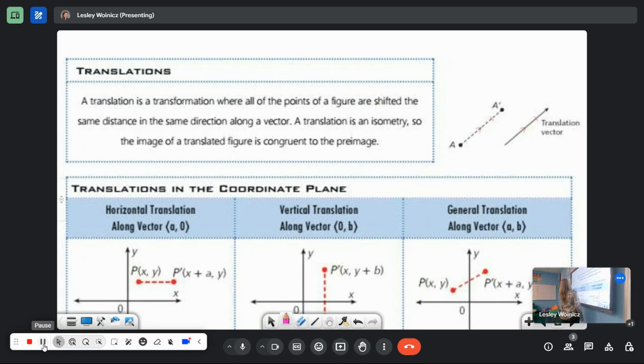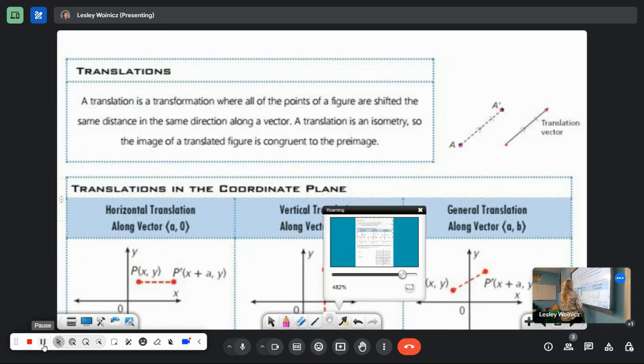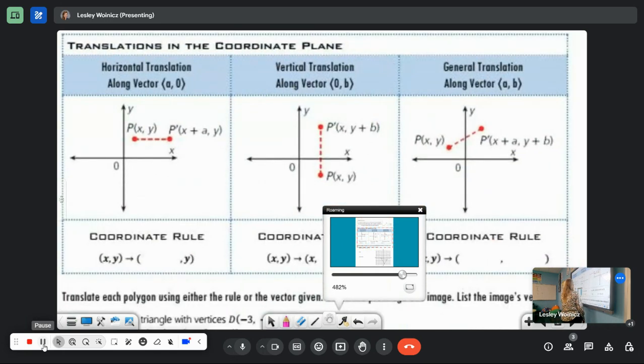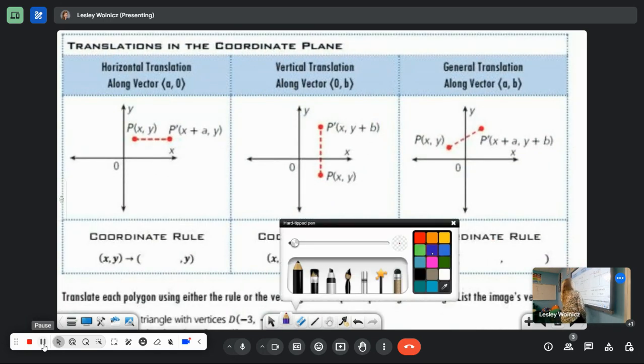So you can see here, if I'm shifting A to A prime, it's moving that far in that direction. That is my translation vector. Okay, it's that far that way. Has magnitude and direction. Okay.